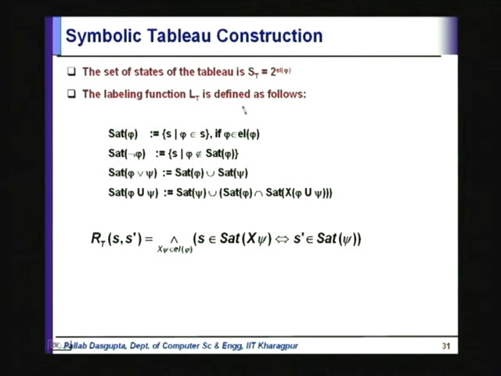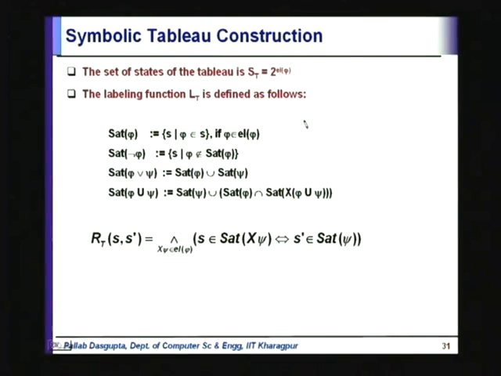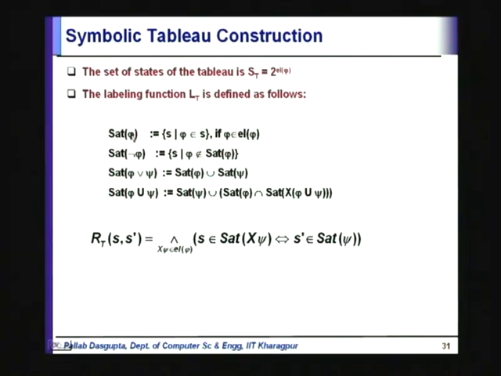Now the labeling function LT is defined as follows. We will first define labels on those states. So far we have not put in any transitions. Sat var phi refers to the set of states which are to be labeled with var phi.